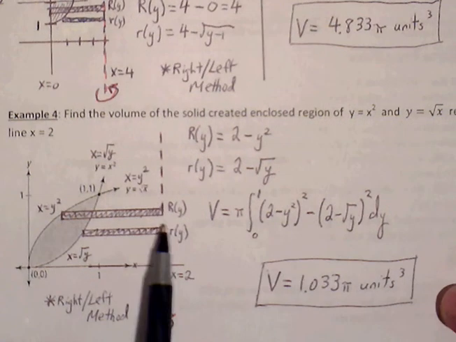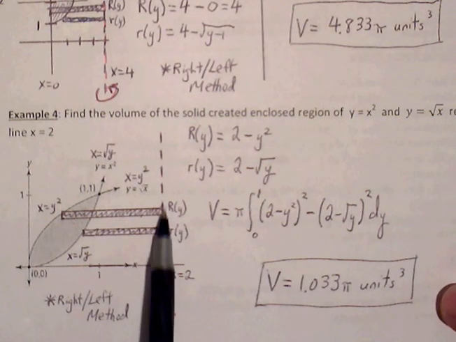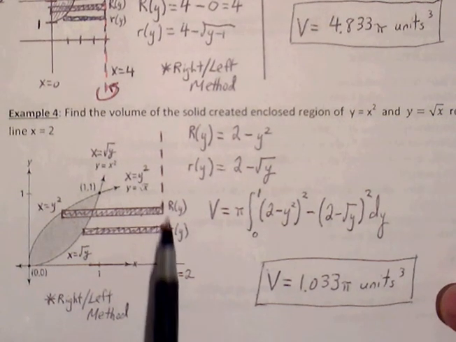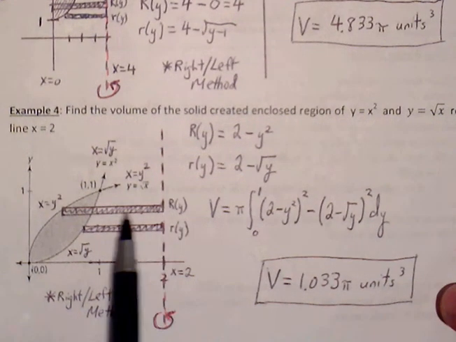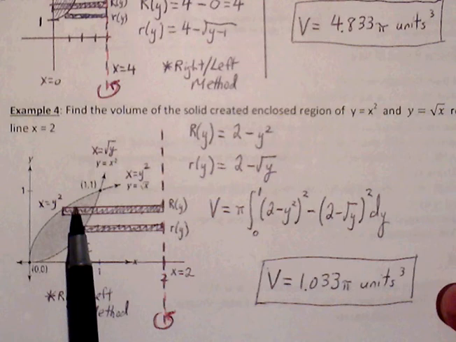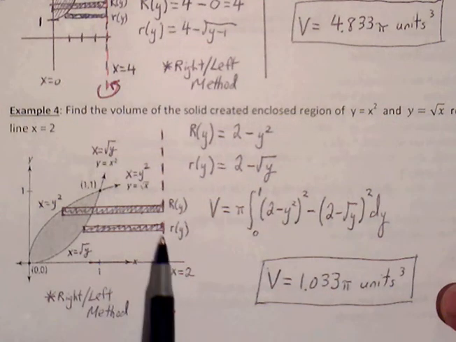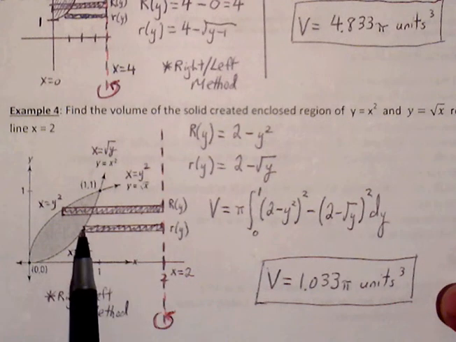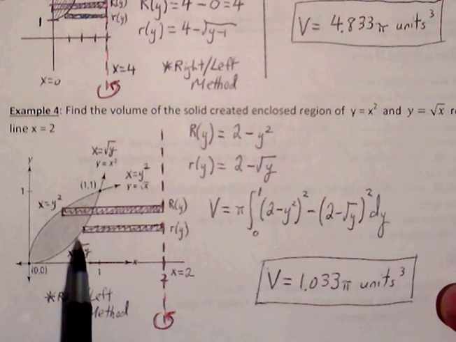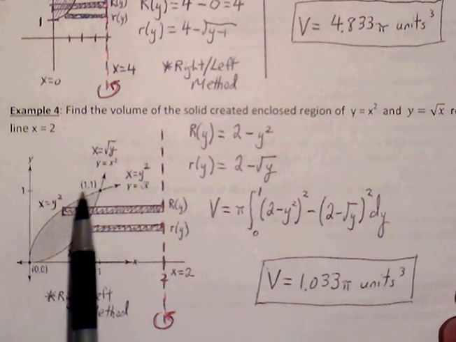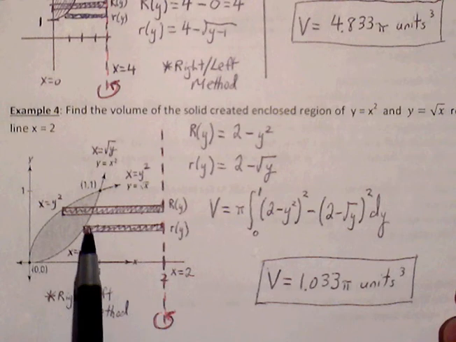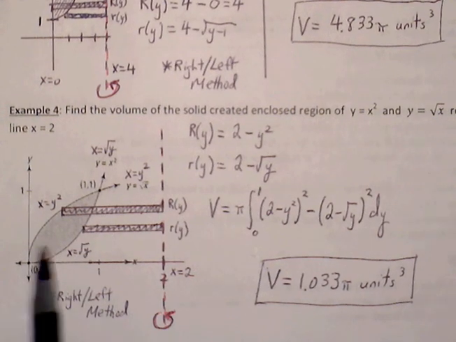And we start on the axis of revolution. This is the center of our graph. We're going to extend to the further curve, in this case x equals y squared. And then starting on the axis of revolution, we're going to extend to the inner curve, the closer curve, which is initially y equals square root of x, and then the outer curve is y equals x squared.